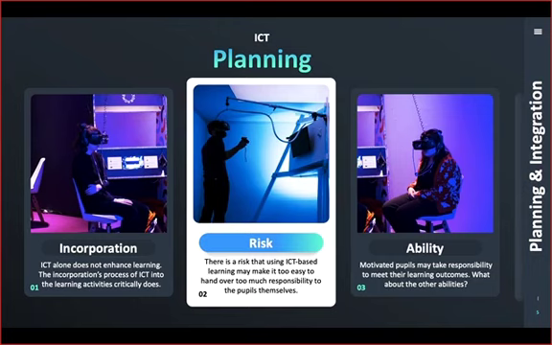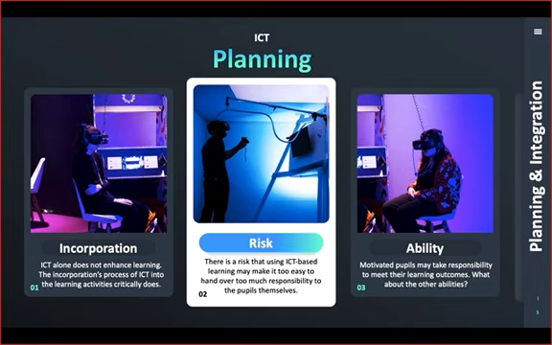Here it goes back to mastery. The teacher really needs to be trained to manage pupils working with these tools. I'm not talking only about one tool, but where there are many tools, some pupils are going to be handed over too much responsibility.